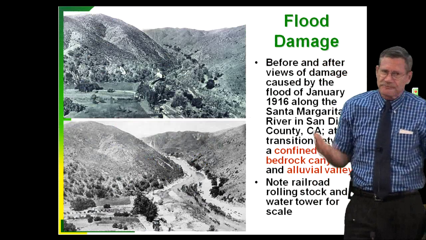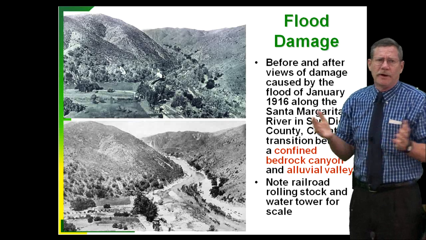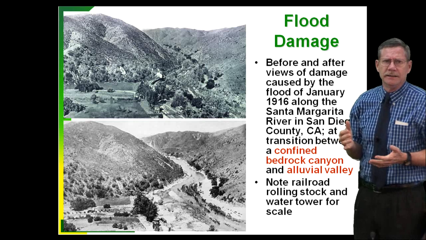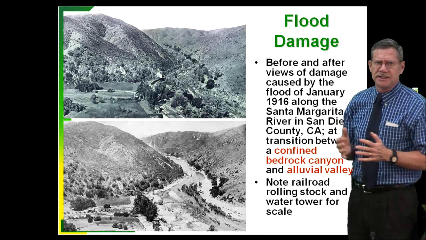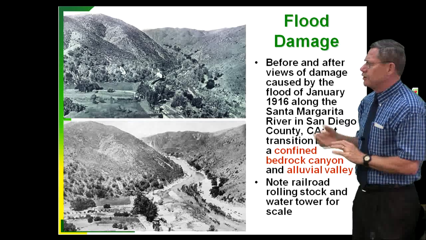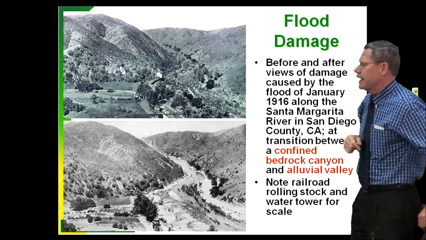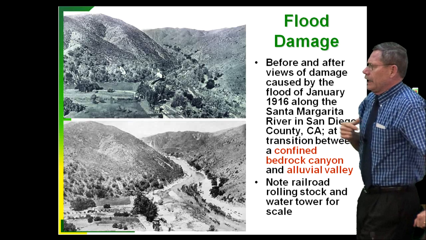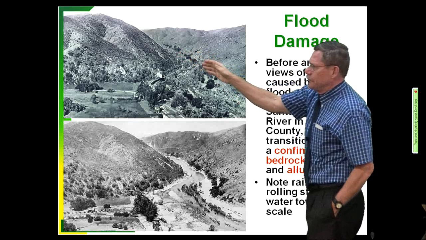Flood damage. One of the best things you can do is look at before and after pictures to get an idea of the power of running water. It's staggering. It's just staggering. This is a picture along the Santa Margarita River coming out of the mouth of Temecula Canyon down in San Diego County. Before the January 1916 flood, this was a nice, beautiful little canyon.